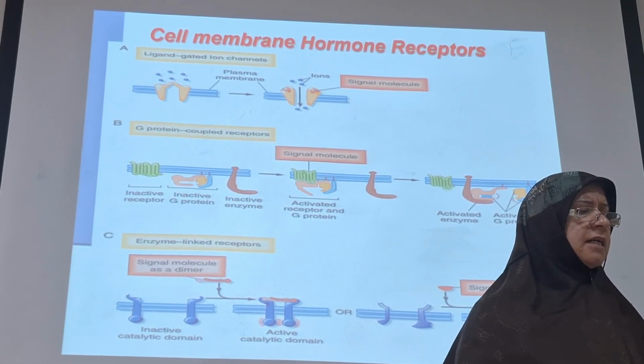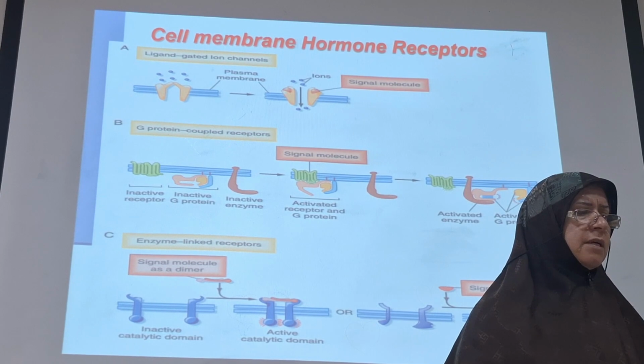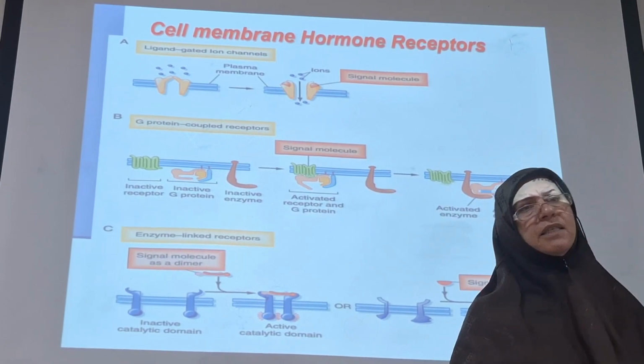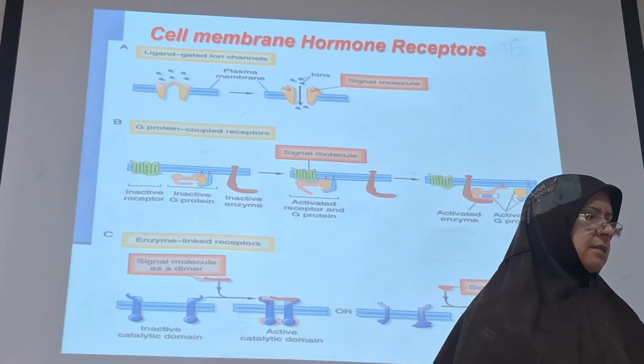Inside the cells, there is a G protein, which is a trimer. After the hormone binds to the receptor, the G protein connects to the receptor and initiates the signaling pathway. In the next slides, I will discuss this.